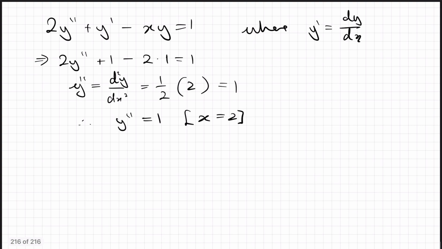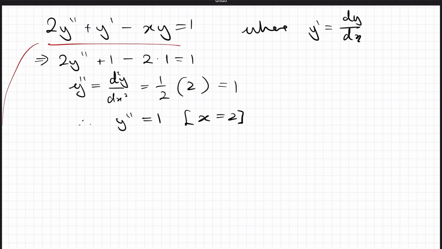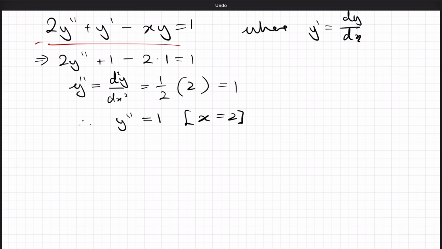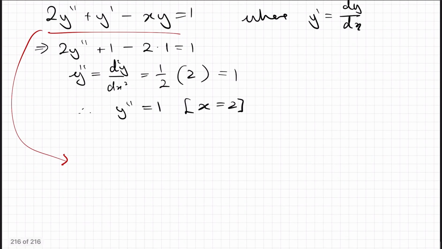Well, using this equation we have over here, we can use implicit differentiation and get an equation with y triple dash, y double dash, and y dash all in terms of each other. So let's implicitly differentiate.